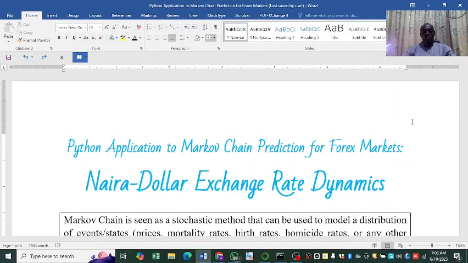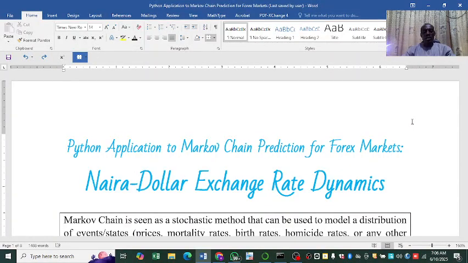Number 5, short-run versus long-run Markov chain forecast. Number 6, numeric examples of short run and long run. Then number 7, the practical application of Python in forecasting the forex market based on the Markov chain algorithm.